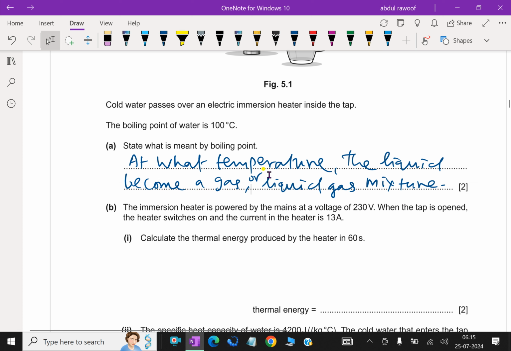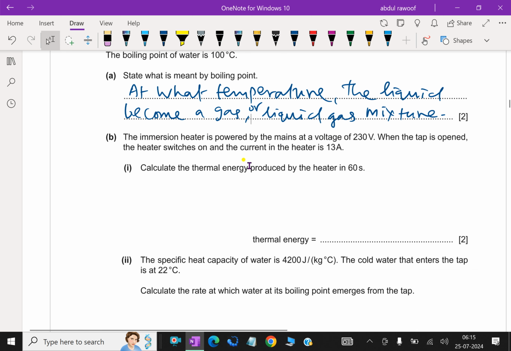That temperature is called the boiling point. For water, it is 100 degrees Celsius.